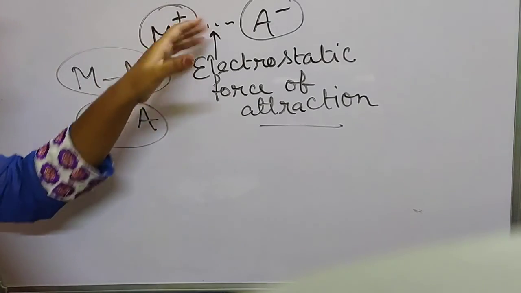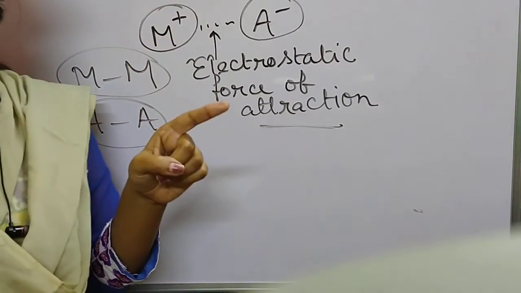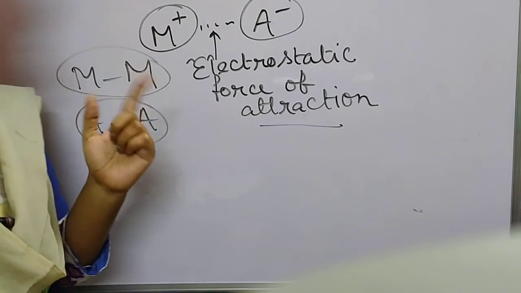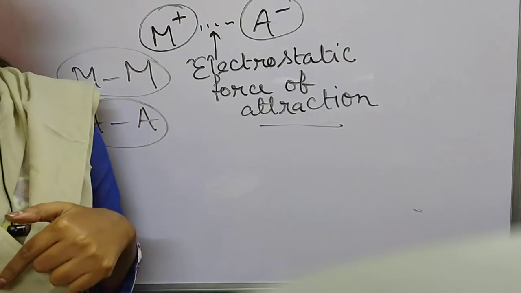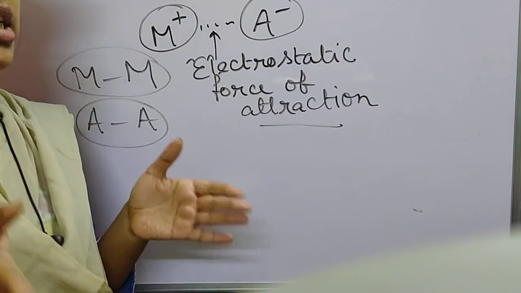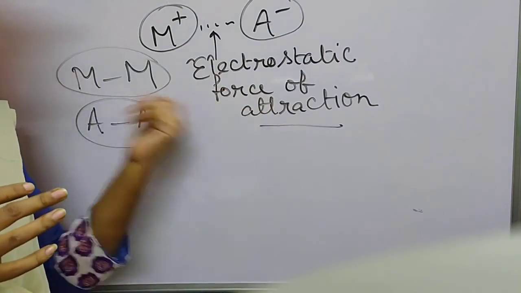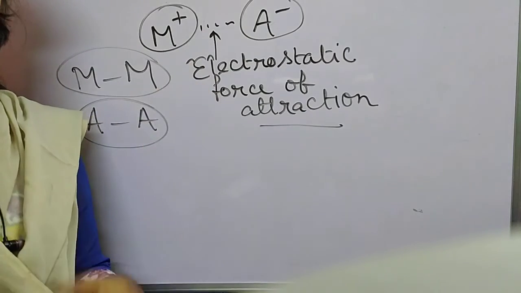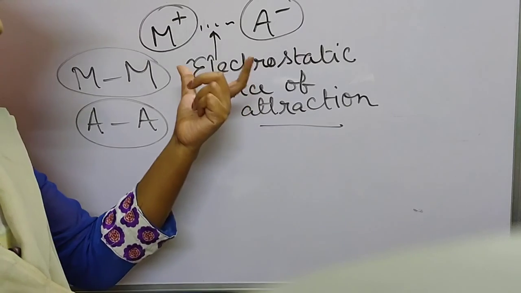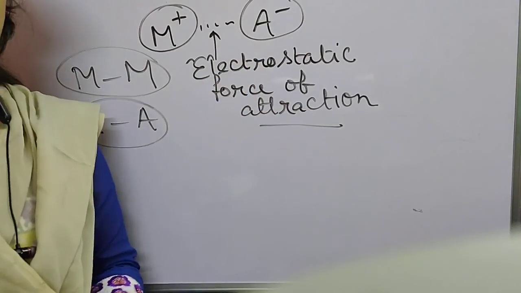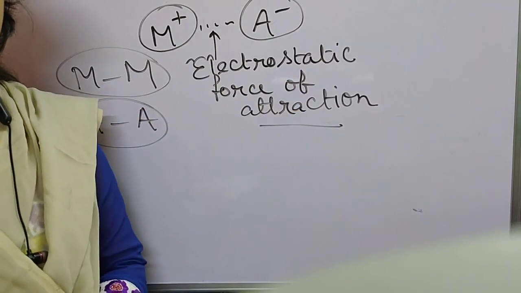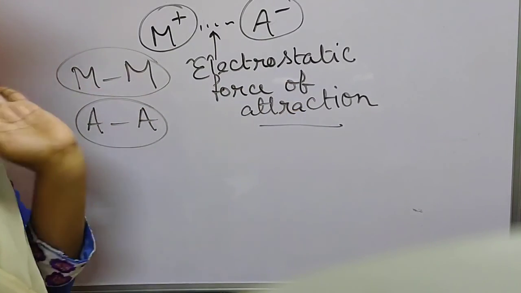But the point that the boiling point and melting point of ionic compounds are greater than those of covalent compounds is actually not based on their force of attraction or the strength of their bond. That depends on the hydrogen bonding. Okay, that is another question. So this is the part.